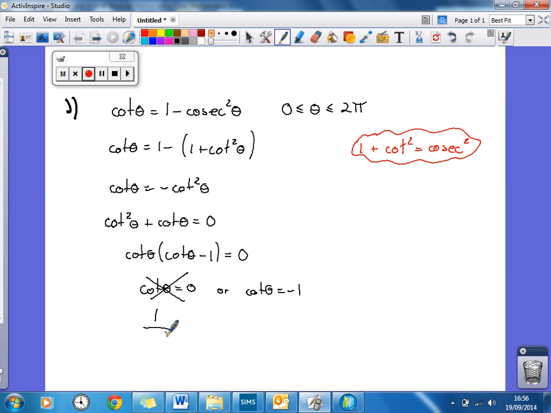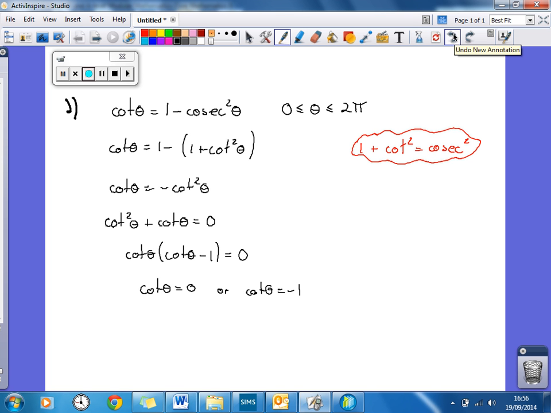And what would be confusing even more is I saw people change it to that, and then I saw them say that tan theta can be 0, you can't divide by 0, so it doesn't work. But actually it does. You need to look back at your cot graph. That's one way of convincing yourself that it does work.